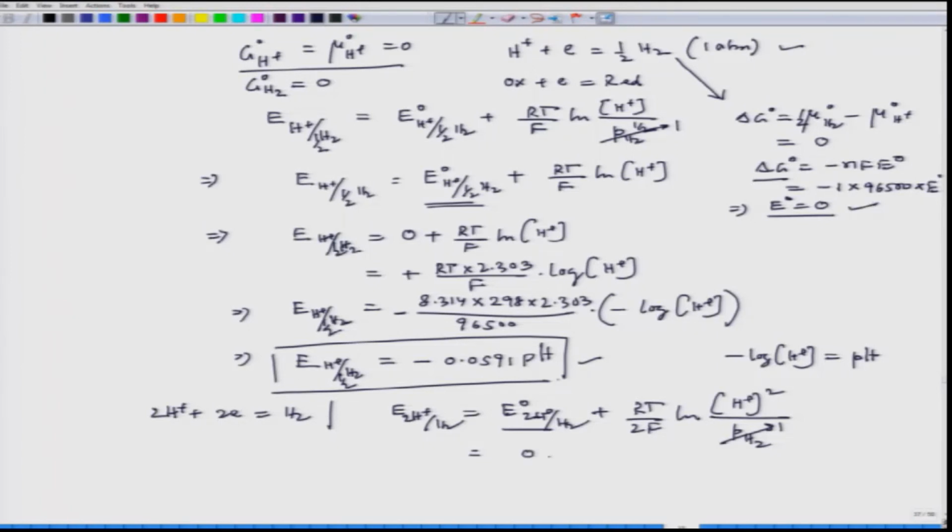So this is 0 plus RT/2F, and taking the 2 out of the log it gets cancelled. Finally, putting in the values, we get again minus 0.0591 pH.